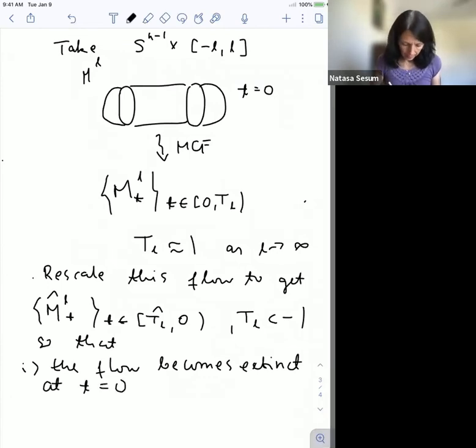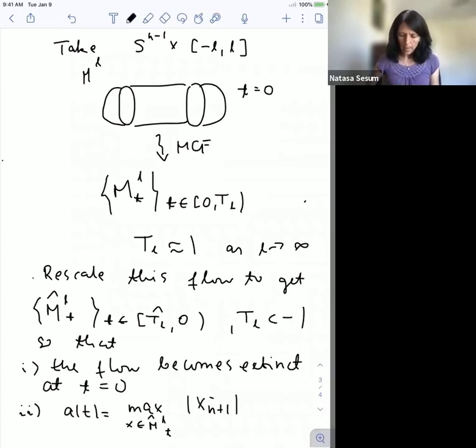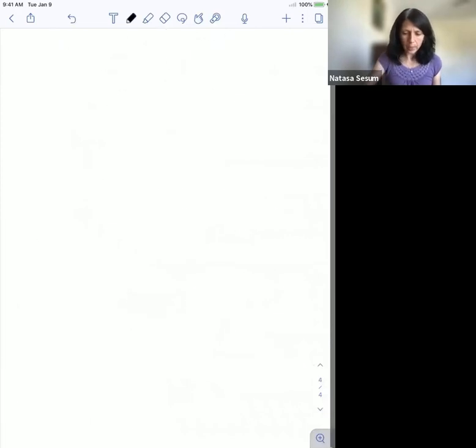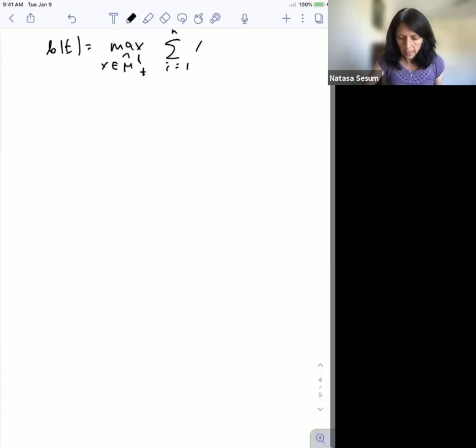And then the second, we can look at the major radius A of t, which I will define to be the maximum as x lies in M hat L t of the absolute value of x n plus 1, and that will be the major radius. And then the minor radius b of t, which is just the maximum over x in M hat L t of the square root of the sum from i equals 1 to n of x i squared.